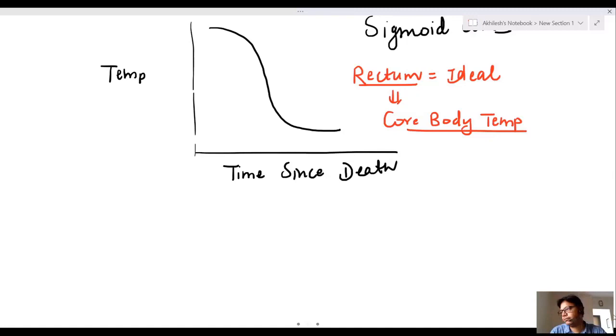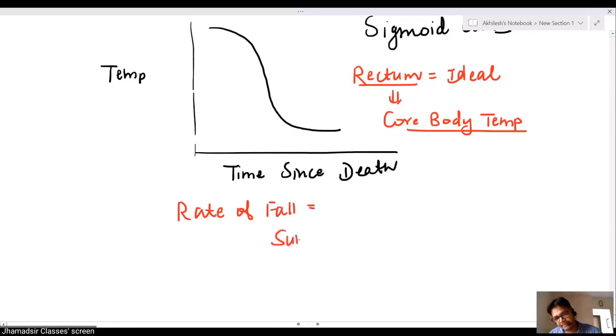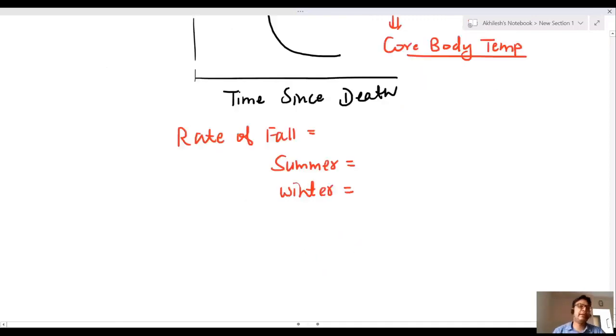Now, sir, what is the rate of fall? Doctor Saab, the rate of fall is different in summer and different in winter.